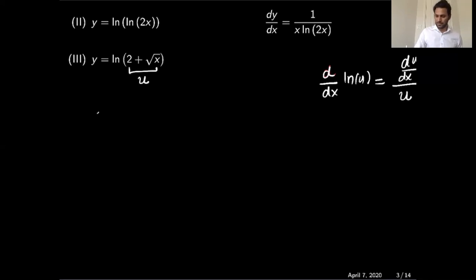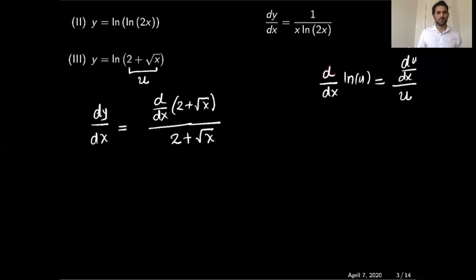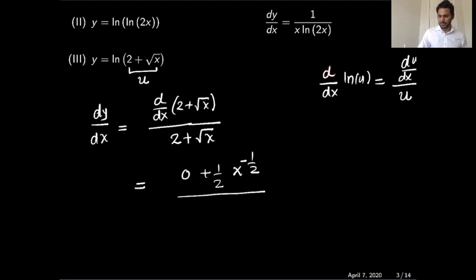So the derivative of this function, dy/dx, will be just d/dx of u, which is 2 plus square root of x, divided by u, which is 2 plus square root of x. Then I calculate the derivative of the top, which is 0 plus 1/2 x to the power negative 1/2, and divide by 2 plus square root of x.